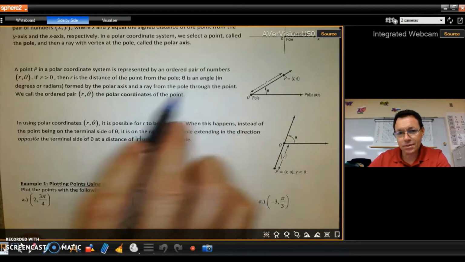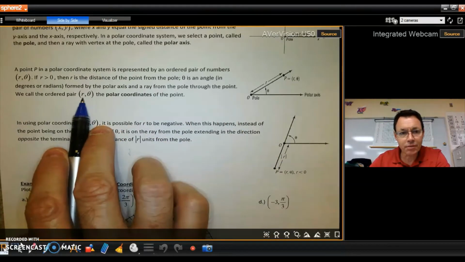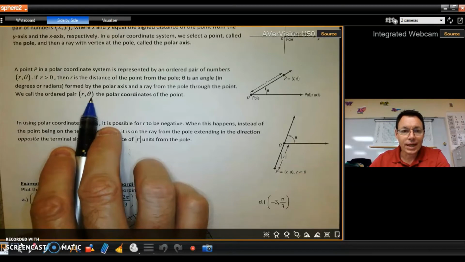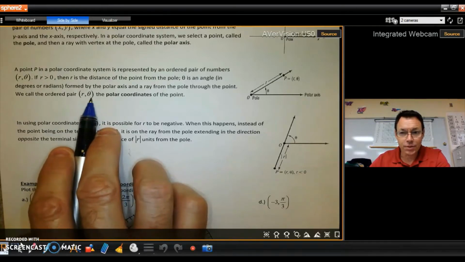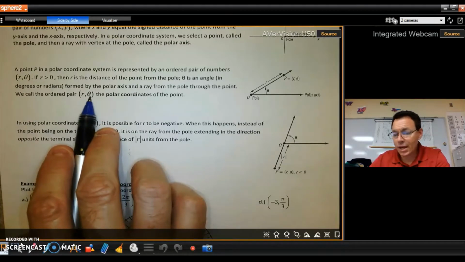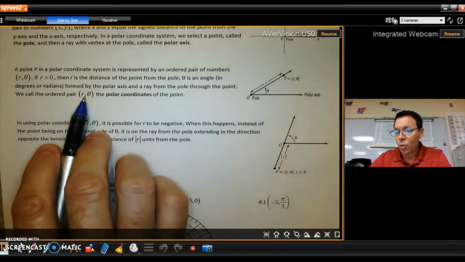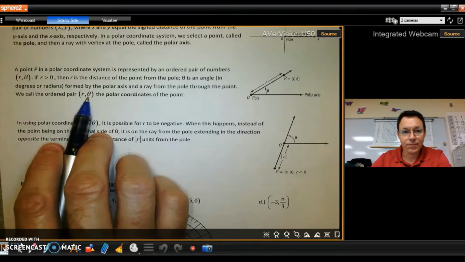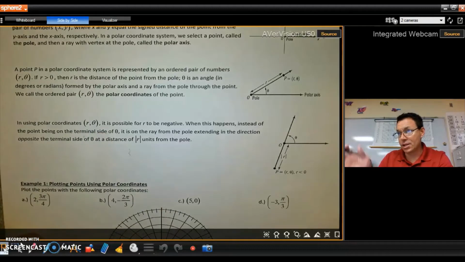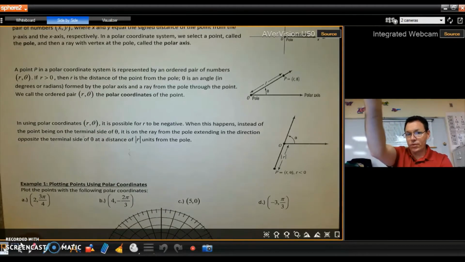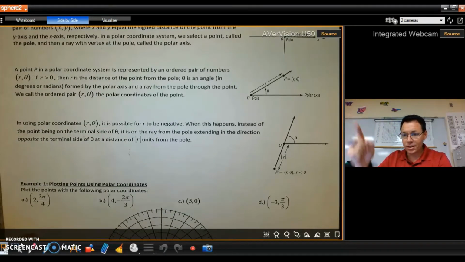Now, let me explain this. This is how it's going to be given to you, r, theta. When I do these, I look at the theta first. Because what this means is, I have a point somewhere. What direction is it? That's what theta is. Is it 30 degrees? Is it 45 degrees? Point to the point.